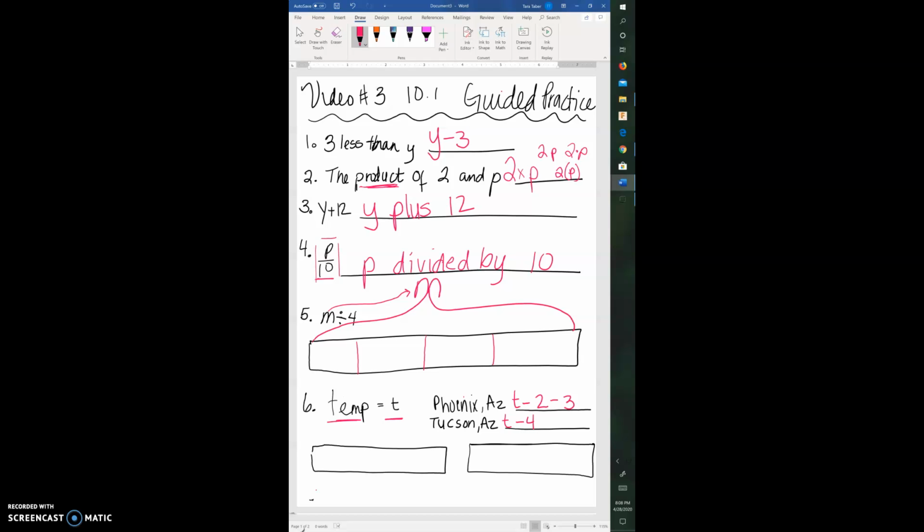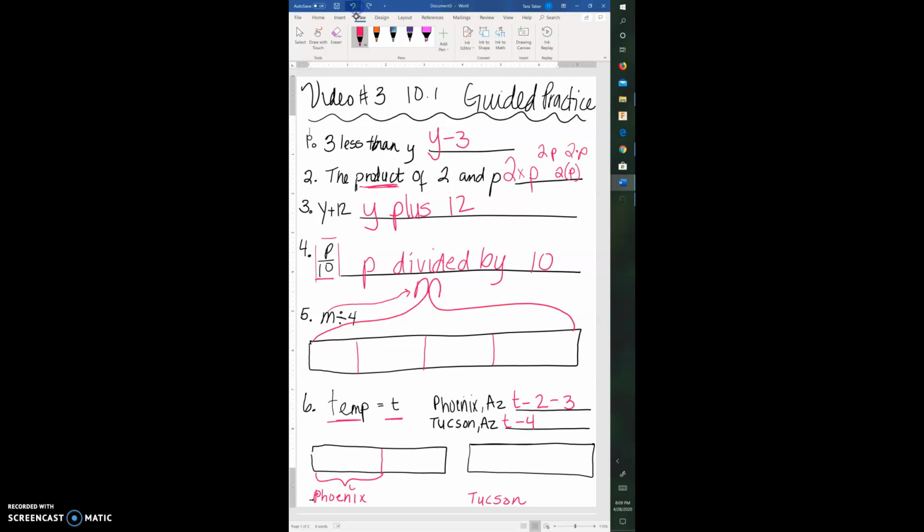And so I'm going to call this over here Phoenix. This one's Phoenix, that is capitalized, and then this is going to be Tucson. Okay, so the way I'll do this is Phoenix, we have T, we don't know what it is. This is T. Should have done it on top. And then we're subtracting, sorry, not adding.